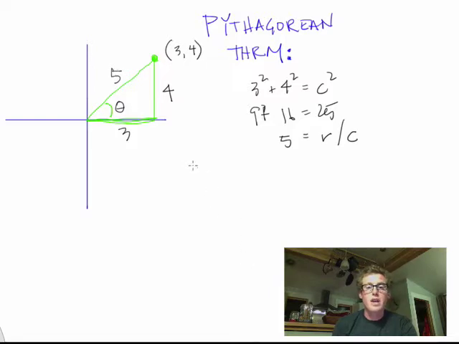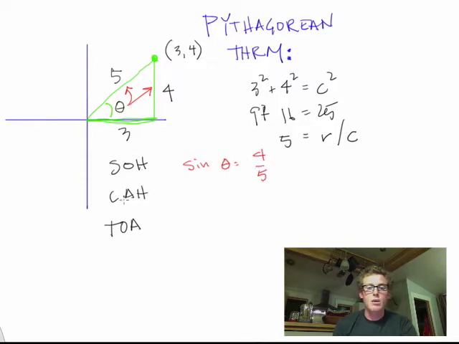From here, I'm going to find sine, cosine, and tangent of this theta. We've got SOH CAH TOA, and when we're finding the sine of theta, we're doing opposite over hypotenuse. So sine theta equals 4 over 5.